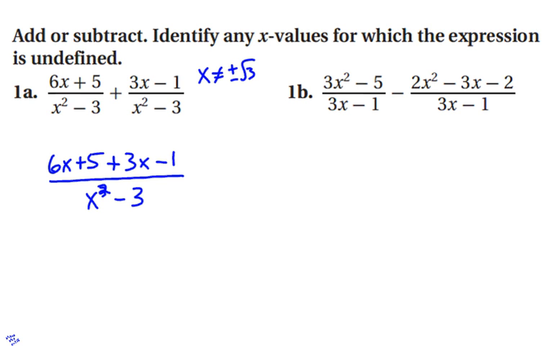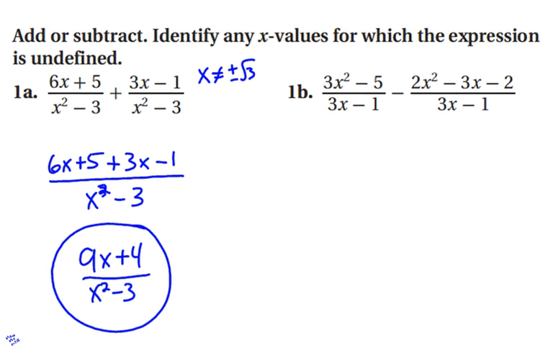And now you're just going to combine like terms. So we have 9x plus 4 all over x squared minus 3. And check to make sure you can't factor anything out. Nothing works out, and in this case it does not. So that is our simplified expression, again with the fact that x cannot be equal to plus or minus the square root of 3.